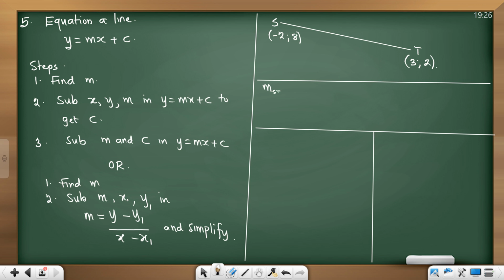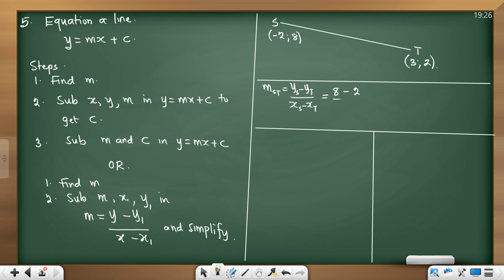Gradient of ST, what is it? YS minus YT over XS minus XT. Now, what is the Y value of S? 8. What is the Y value of T? 2. My gradient should be negative. Always have that expectation.